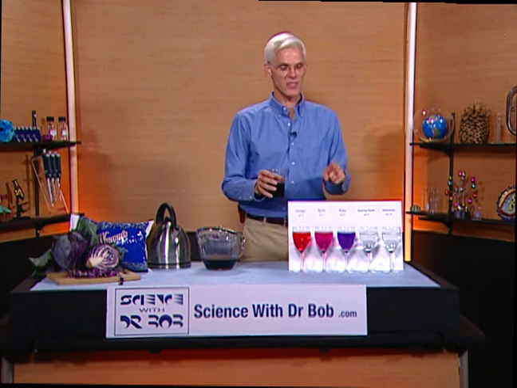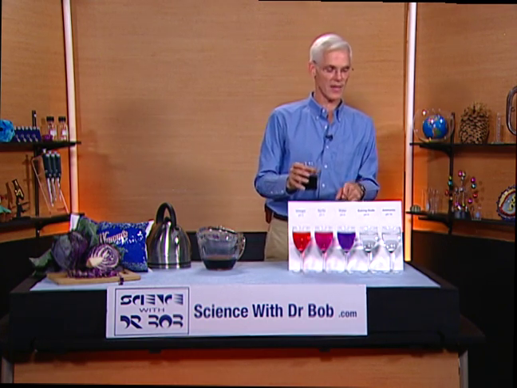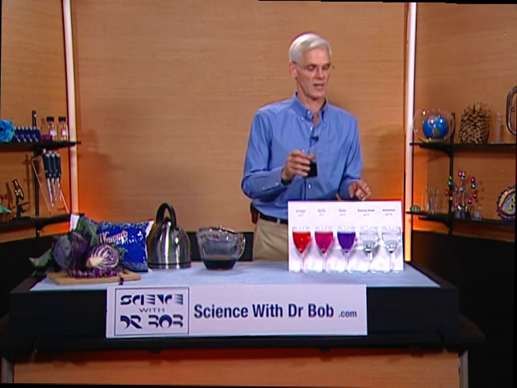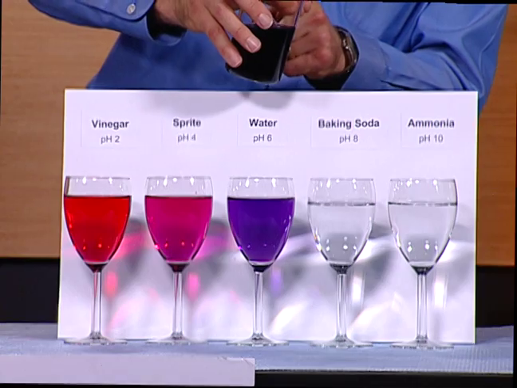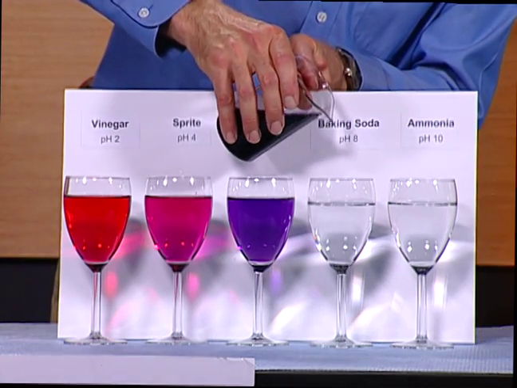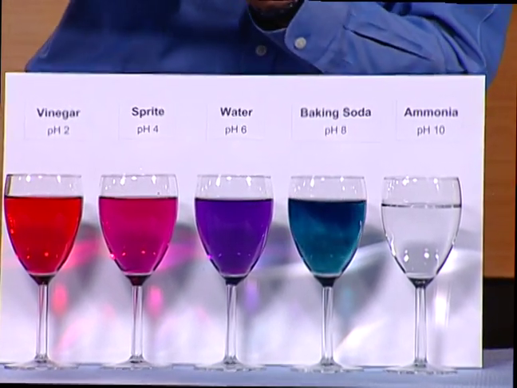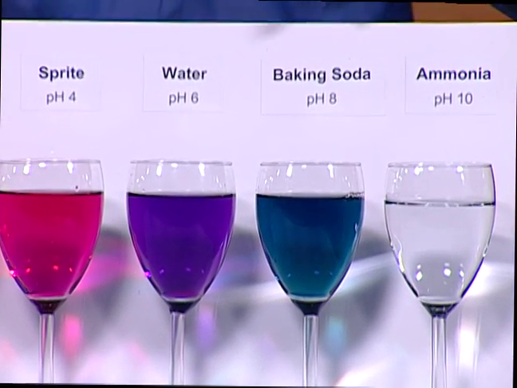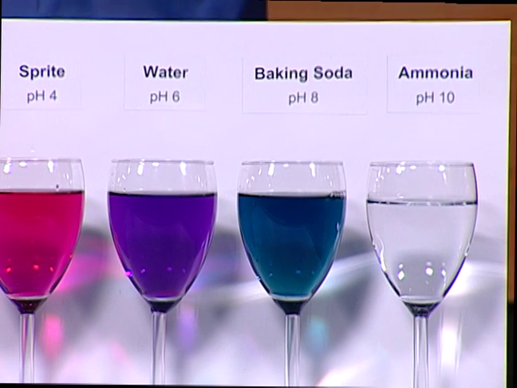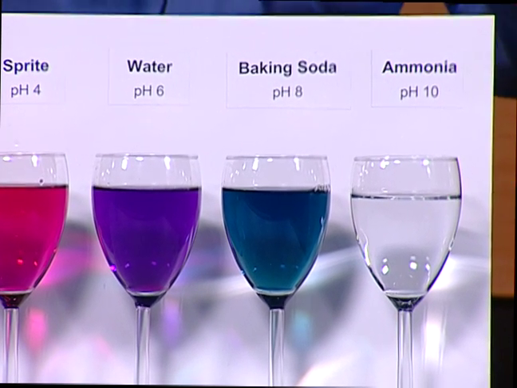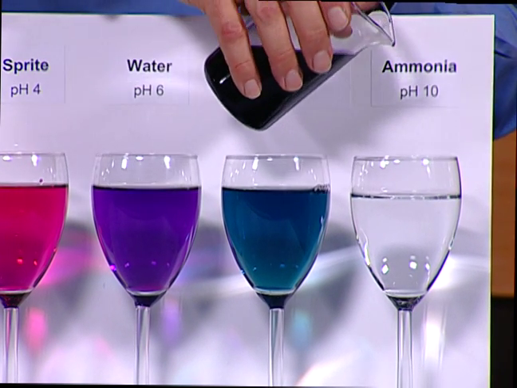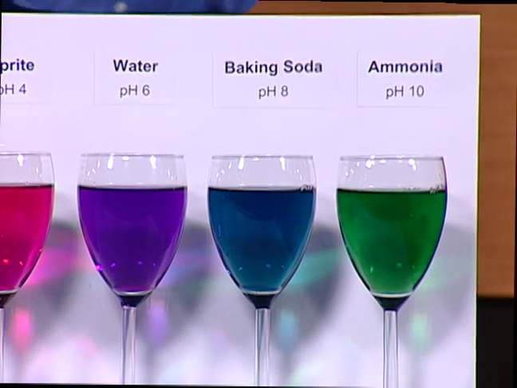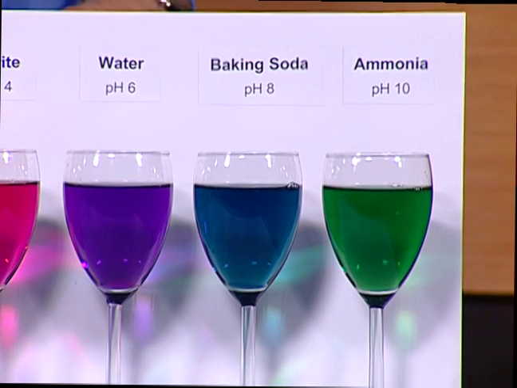So let's see what happens if we add the anthocyanin to a solution that has less protons in it, less acidity. Baking soda is a pH 8. Now that's a teaspoon of baking soda in water, and that's now turned blue to blue-green. And what happens if we go all the way to ammonia, pH 10? Oh yeah, straight on, full-on green there.